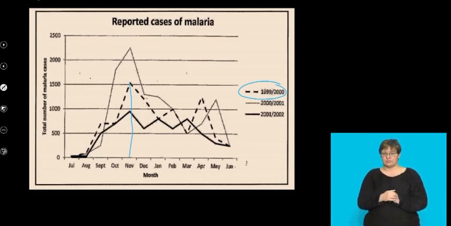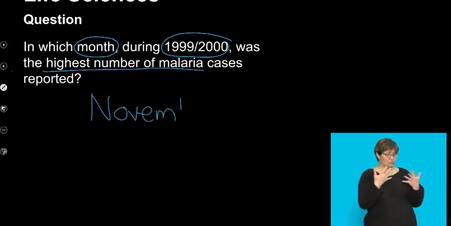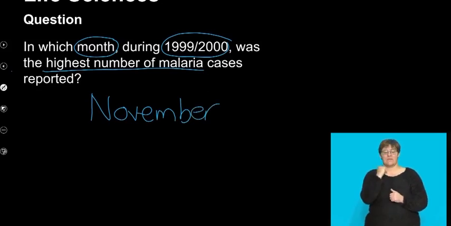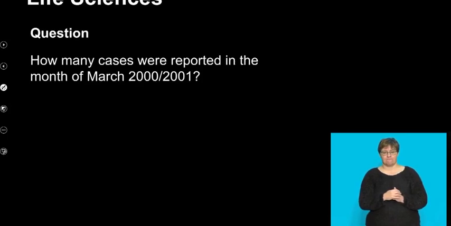And it's going to give us a month, and that is going to be November. So if we go back to our question, which month had the highest one? Your answer is then going to be November. All right, good. Let's go to our next question.